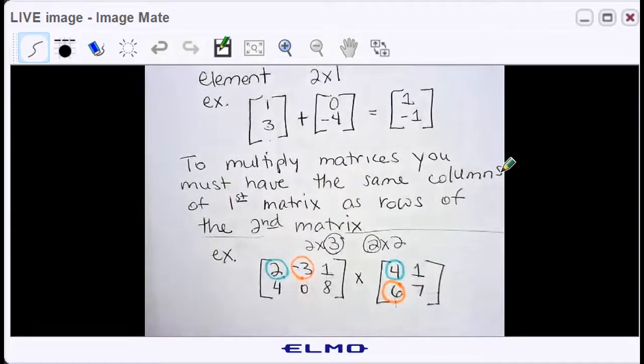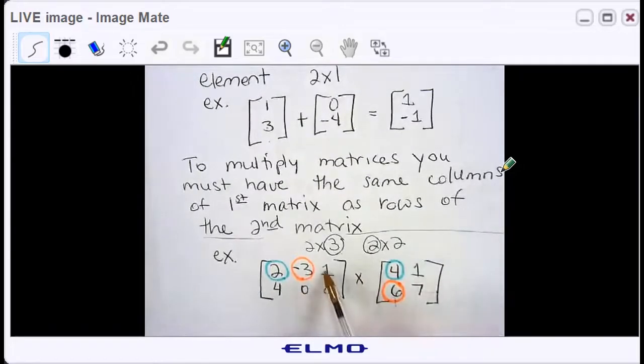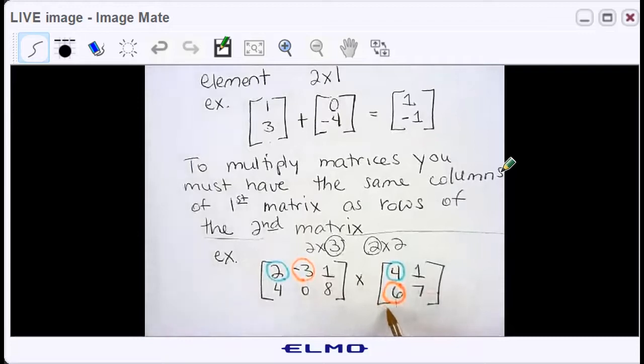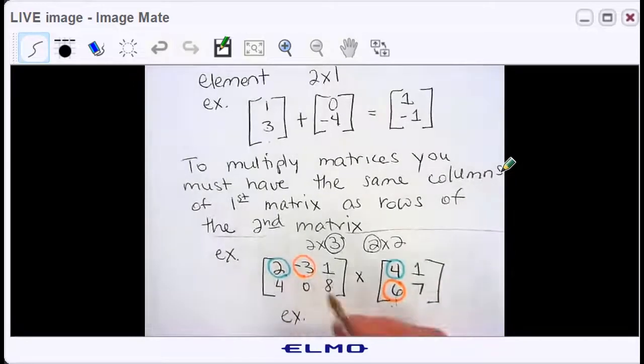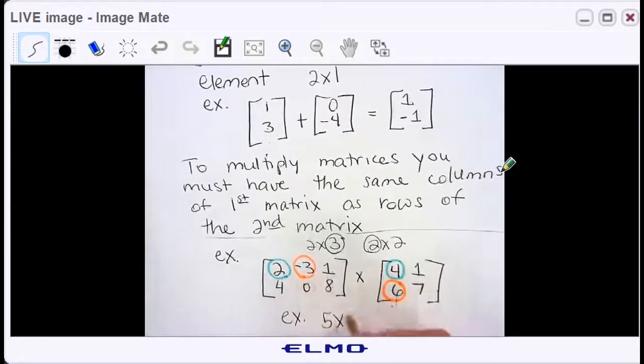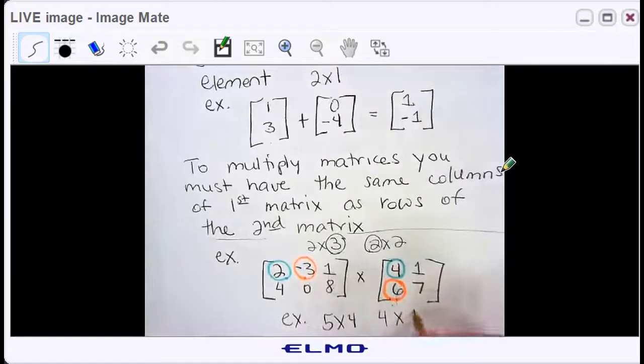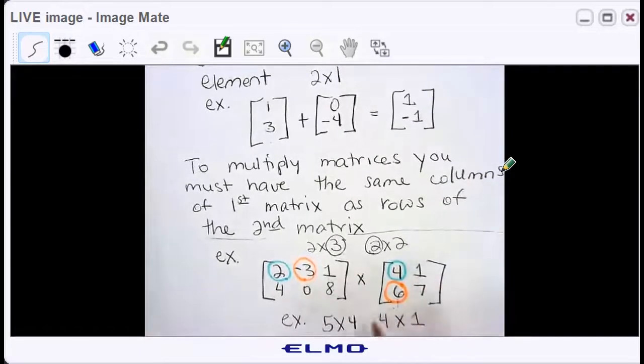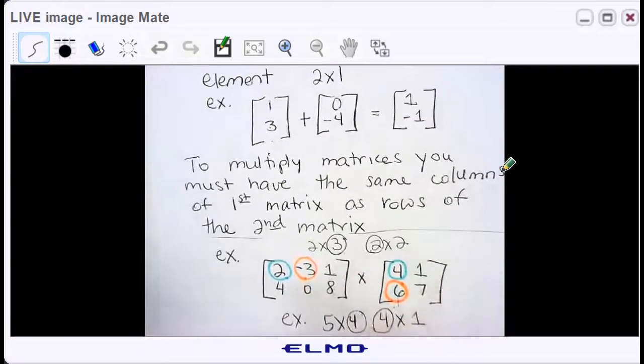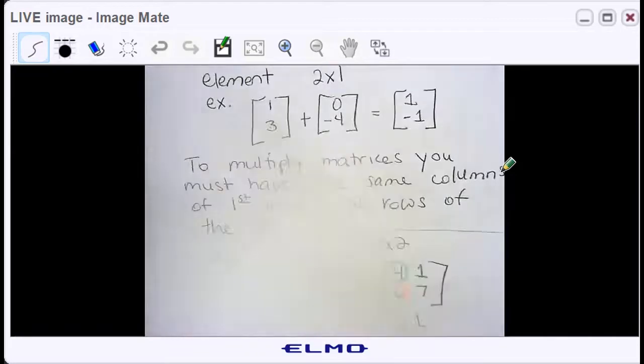But then you have to consider this -1, and -1 doesn't have any item here to combine with, so that's why that wouldn't work. So let's say I had a different size, say a 5 by 4 and a 4 by 1 that I was trying to multiply. Those would actually work because those dimensions are matching. So that's what you have to look out for when you're multiplying.